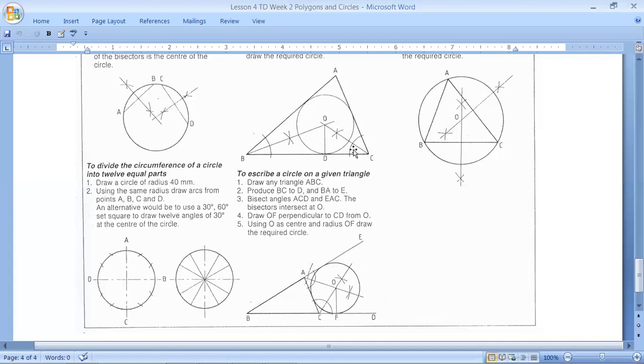And when you bisect 1 and 2, the intersection of the 2 bisector lines will give you the center where you're going to place the compass, touching any one of the sides of the triangle to draw the circle inscribed in it.